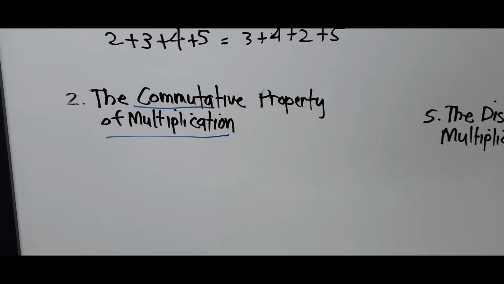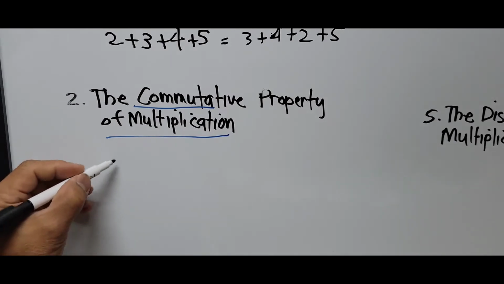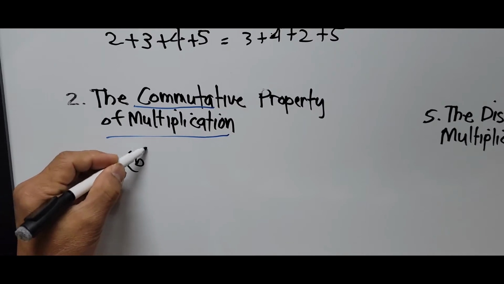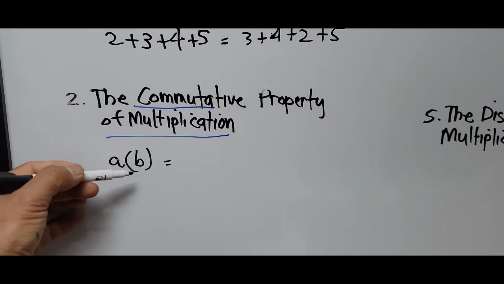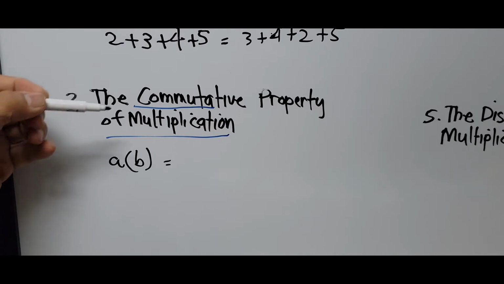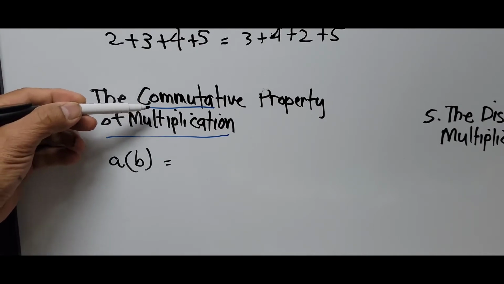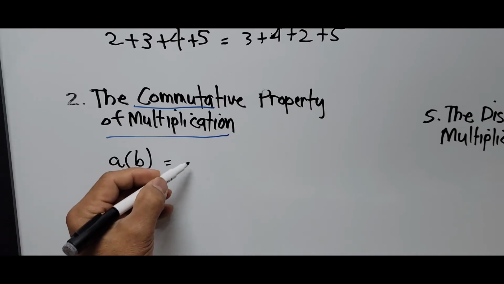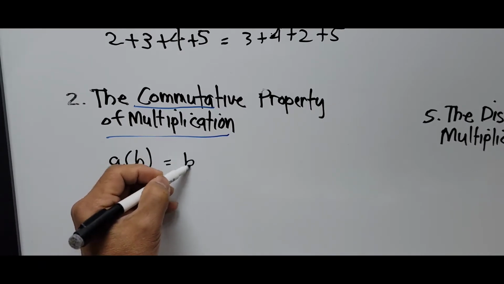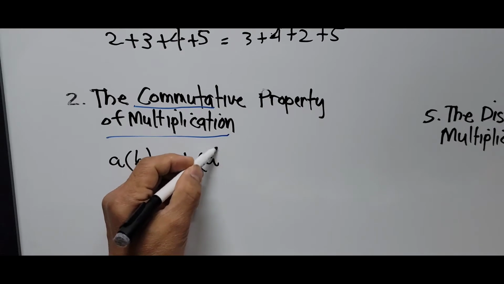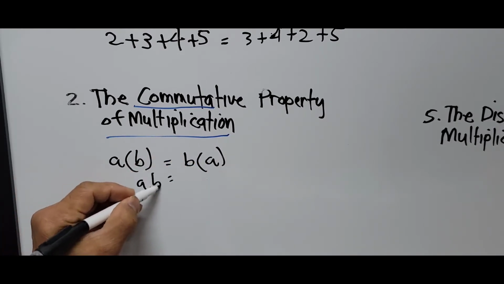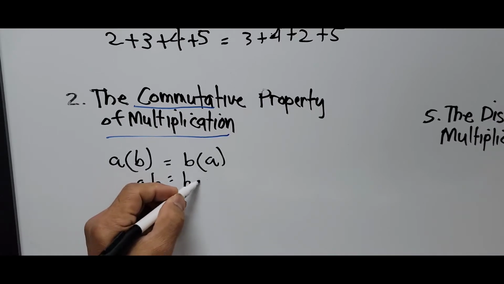Let's say in math talk, presenting variables, variable a times variable b. We say commutative property, from the word commute again. If you exchange the places of both of them, a times b is the same as b times a. Or you can simply write that ab is the same as ba.